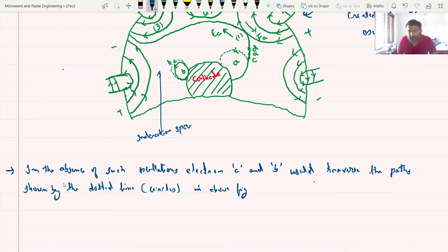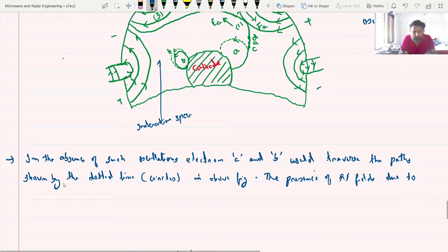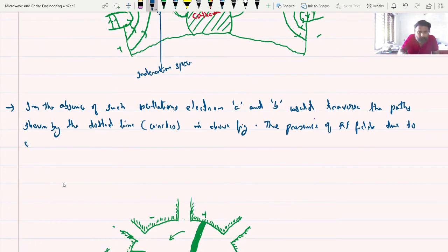In the above figure, the presence of the RF field due to oscillations modifies these paths.